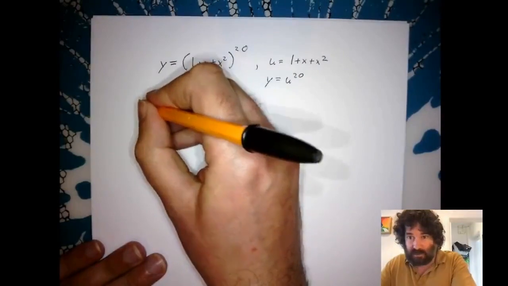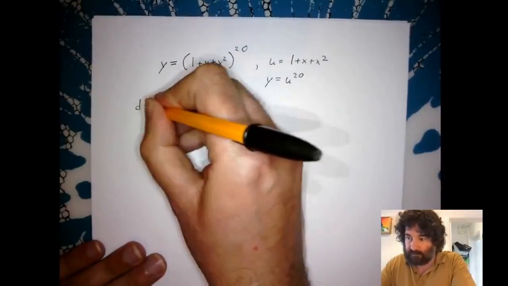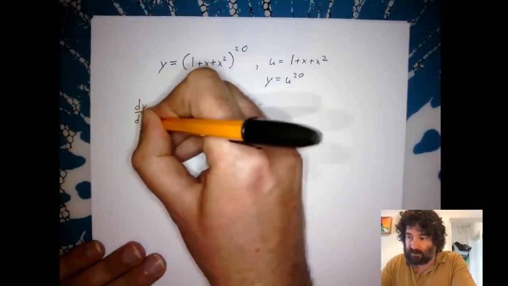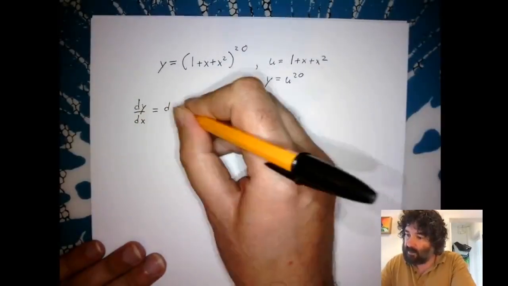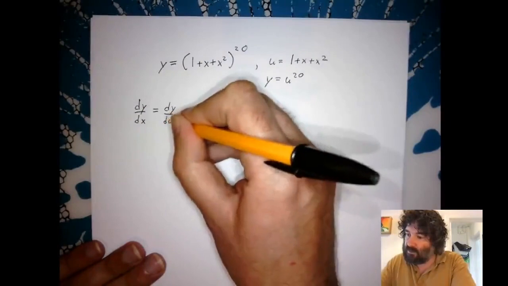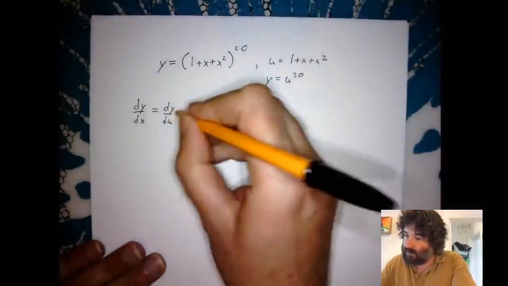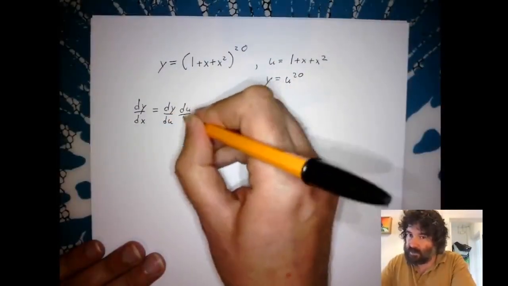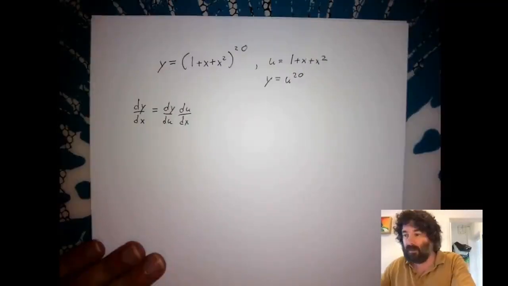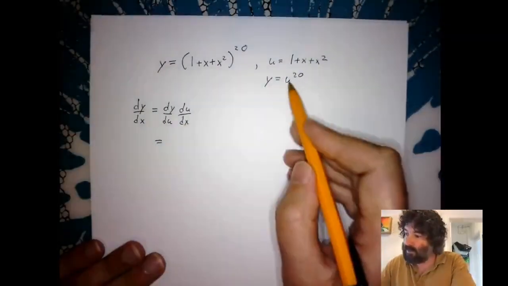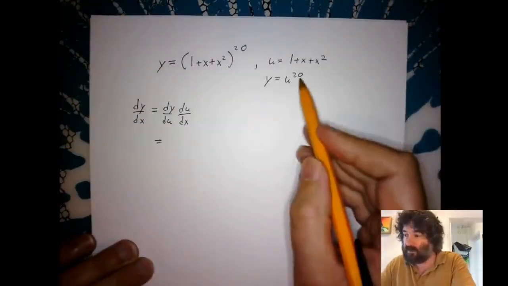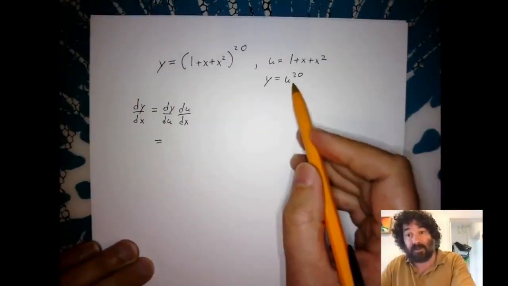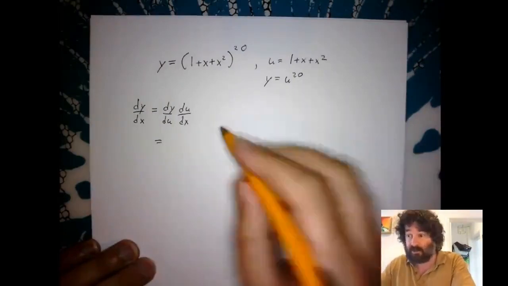And then we apply the chain rule. dy dx equals dy du times du dx. So dy du is the power rule for taking derivatives. So the derivative of u to the 20th with respect to u is 20 times u to the 19th.